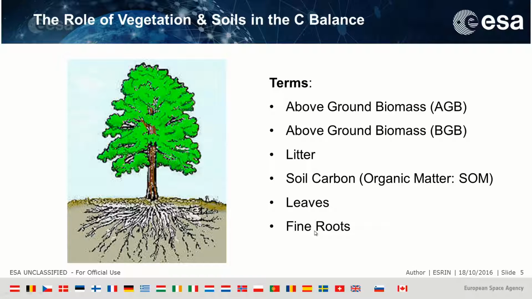You've got leaves, obviously, and you've got fine roots. Now, fine roots are not these things here. Fine roots are the tiny little things on the edges of those. This is below ground biomass. Fine roots are the equivalent of leaves, but below ground. They're the ones by which the plant scavenges for the things it needs from the soil, like water or phosphorus or nitrogen.